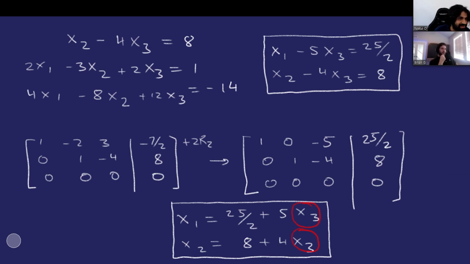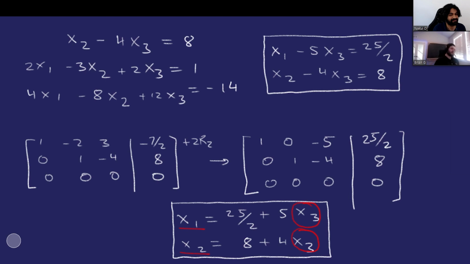It can be anything. You can set it to be 1, and that'll give you an x1 and x2 that work. You just plug in x3 equals 1, and these equations give you an x1 and x2. You can set it to be 0, and then x1 would have to be 25 over 2 and x2 would have to be 8. So no matter what choice you make for x3, you can find an x1 and an x2 that work with your choice of x3.